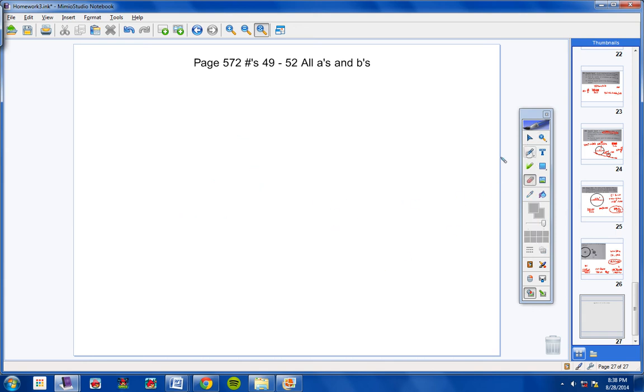Okay, moving on to 51B. 51B would be the tangent of theta such that you get 2.3545.